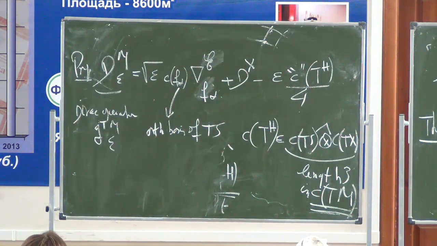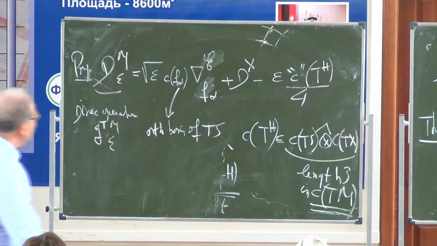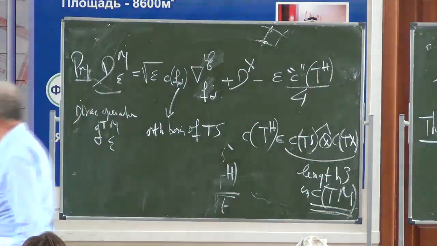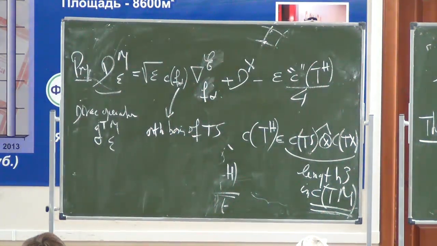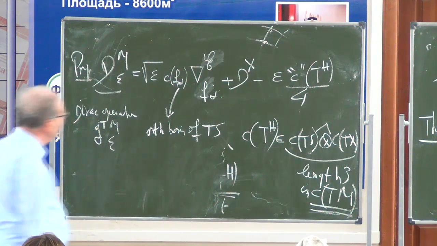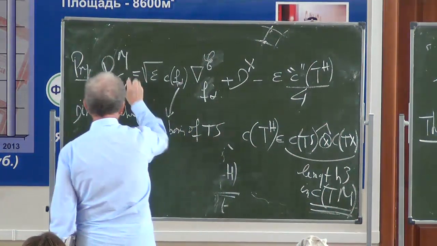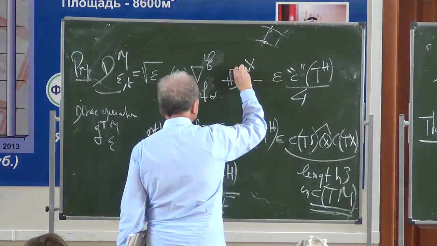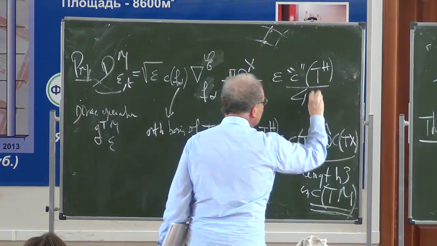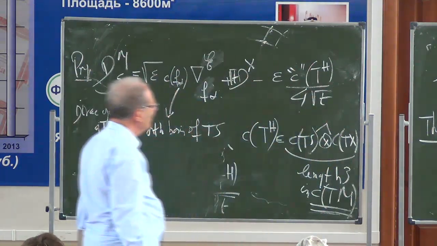Okay, so this is the structure of the operator D^M, and if I also scale the metric g^{TX} by t, I just get square root of t D^X and minus square root of t.